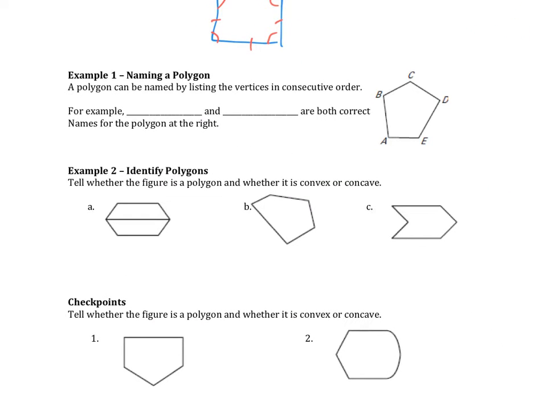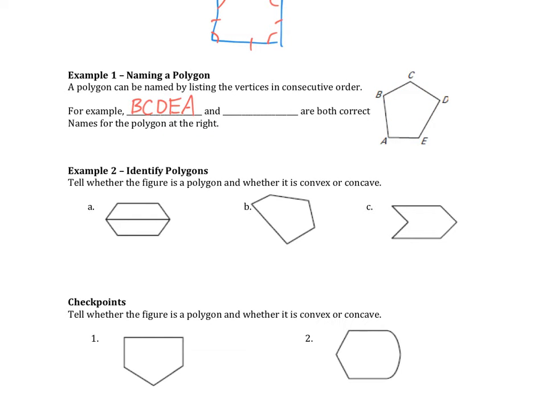All right, so in example 1, a polygon can be named by listing the vertices in consecutive order. So in this one, there's a few different names we can use for it. If we start with B, when we go around the polygon, we could start with B and then C, D, E, A. Notice you have to go around the polygon. We can't jump around. We can't go B, D, A, C, A, E. That would not work.